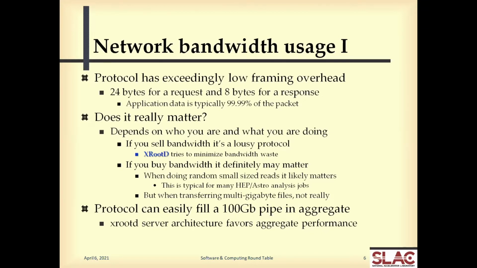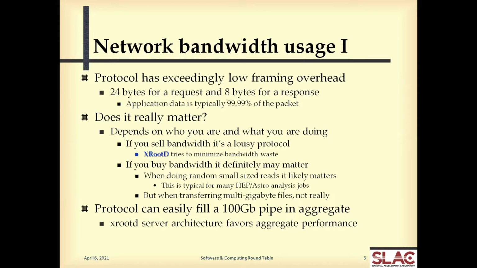The actual amount of data that gets transferred today is somewhat larger than what it was in the day 20 years ago, because a lot of these applications were transferring anywhere from 256 bytes to 1K at a time. So you really needed a low framing overhead. But if you're transferring a multi-gigabyte file, it doesn't really matter much what the framing overhead is, because the file is going to dominate everything.